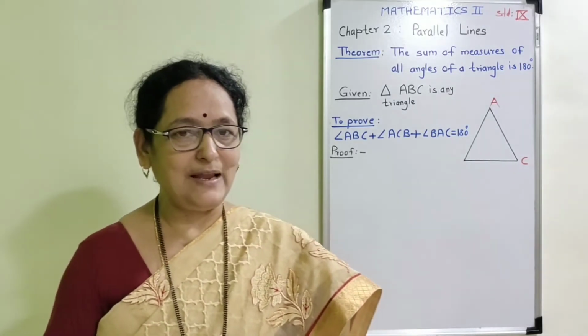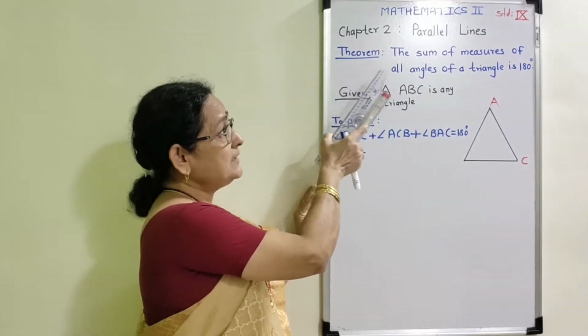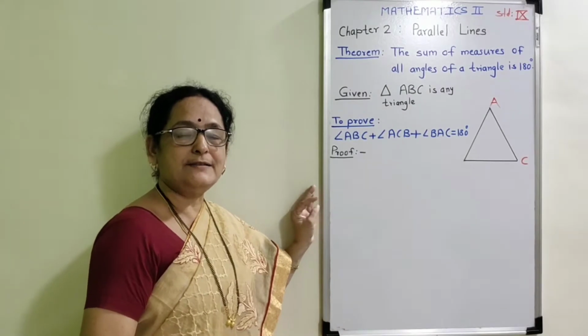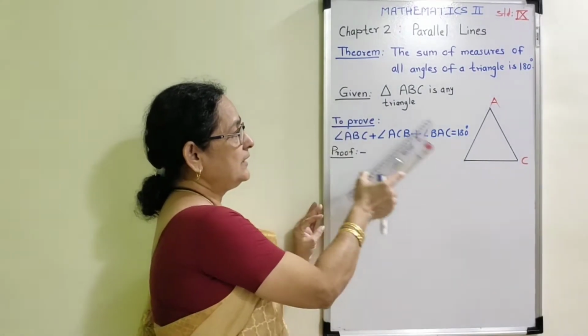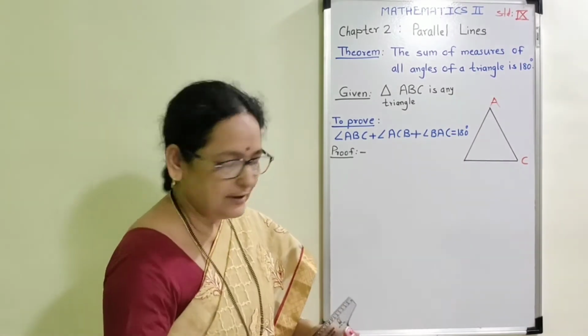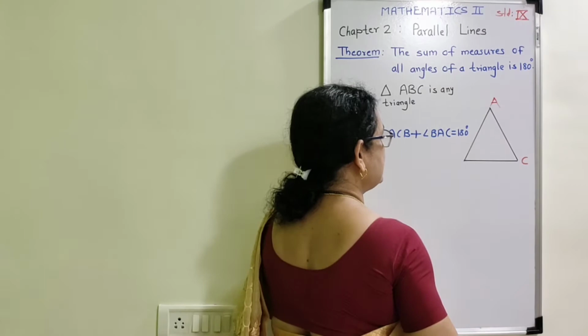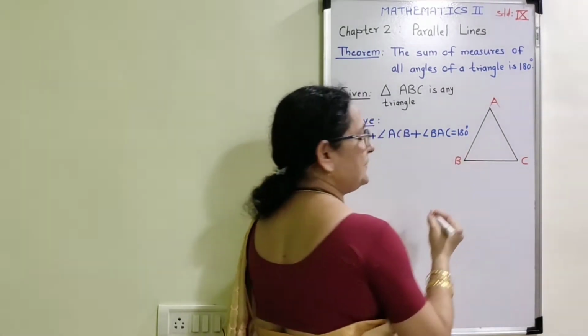Now, observe on the blackboard. The statement of the theorem is: the sum of measures of angles of a triangle is 180 degrees. Given, they have given you a triangle ABC. Triangle ABC is any triangle. Observe the figure on the blackboard.